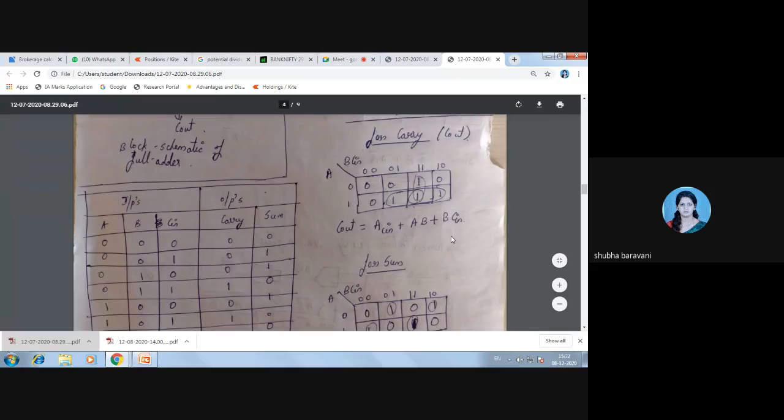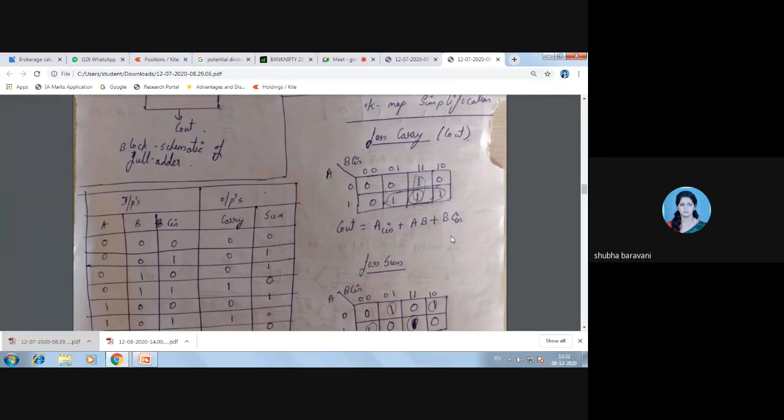Was this understood? Is there any problem in understanding the C out equation?